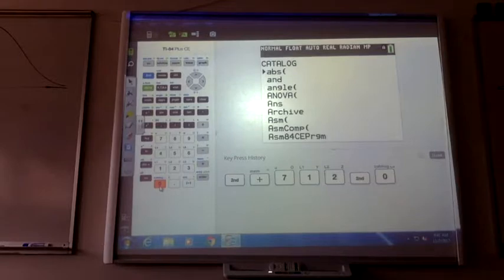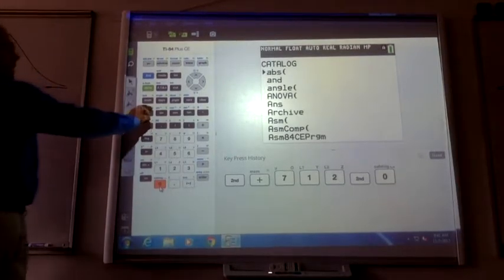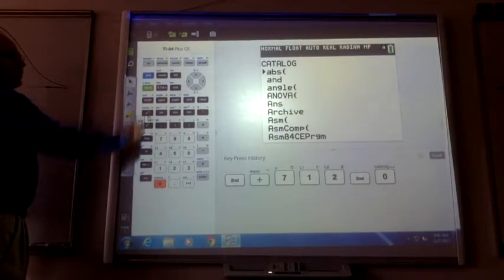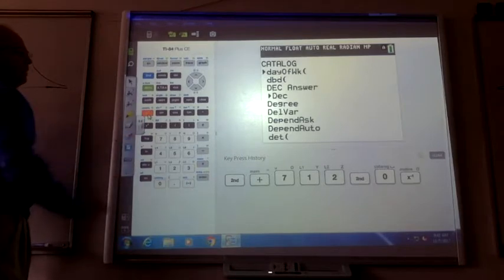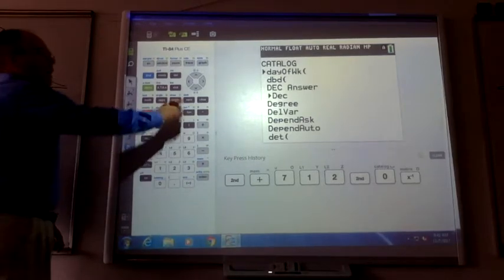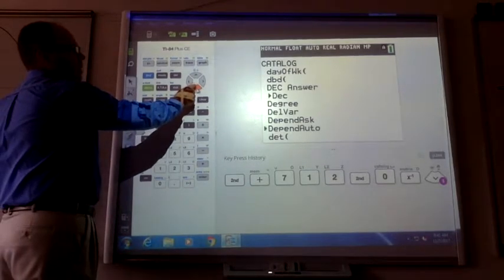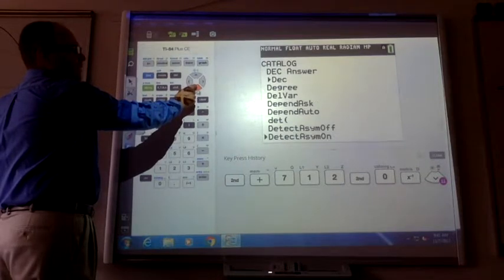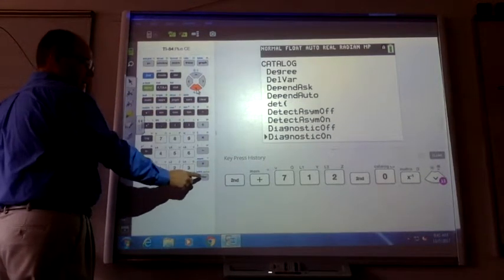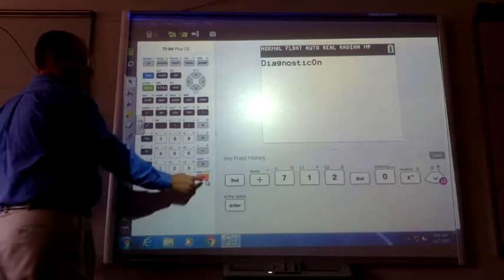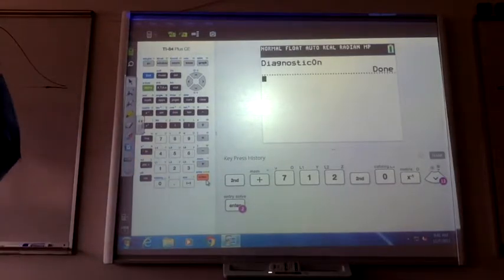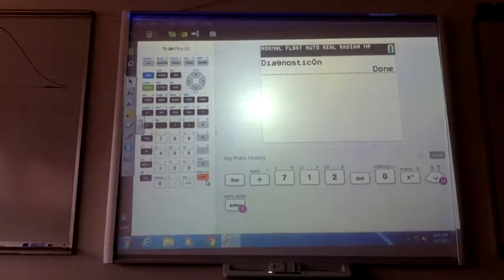But the rest of us are going to hit the letter D, which is my X1 button. Then I'm going to use my down arrow to find diagnostics, turn my diagnostics on and hit enter one more time. That allows the R and the R squared value. We don't worry about the R squared value. We're just worried about the R value right now. So now this will all be set up for us.